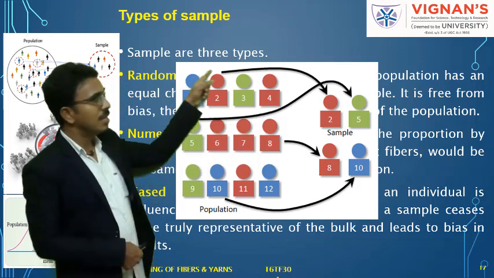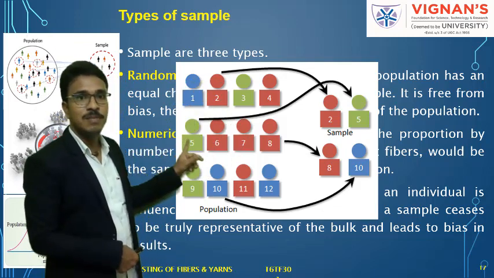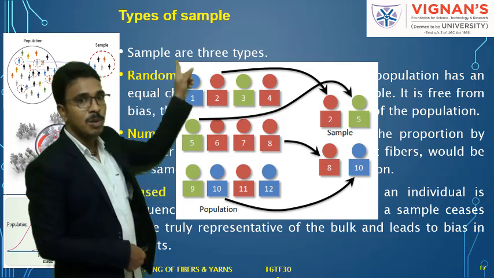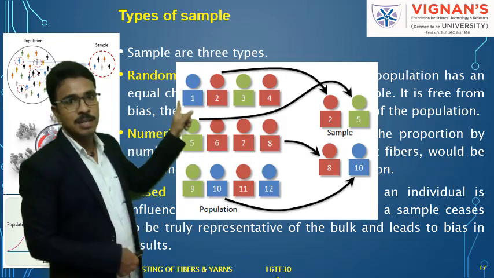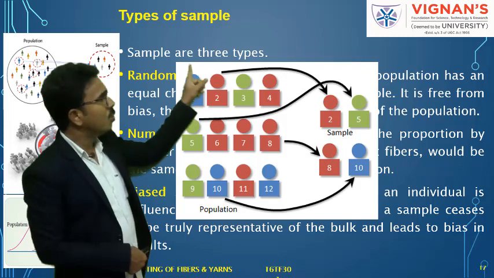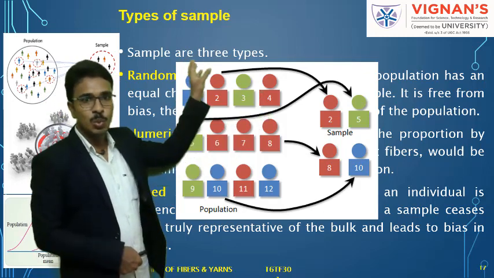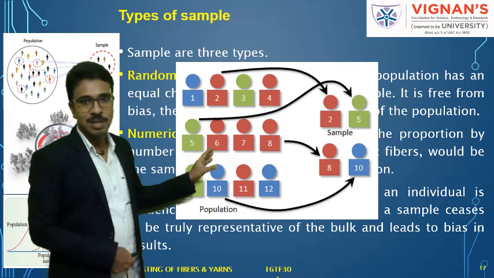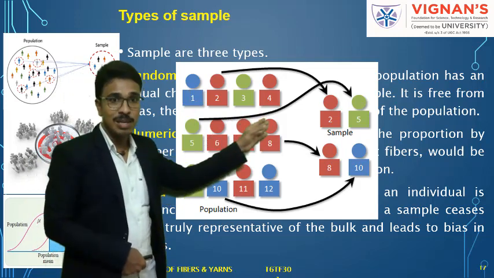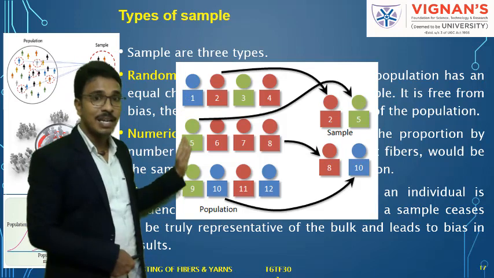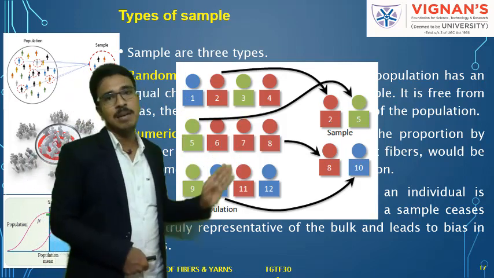Or you can see the population is represented with 3 different colors: blue, red and green. If I take only the red color samples, 2, 6, 11, it is going to be a biased sample. Or 3, 5, 9, it is also going to be a biased sample.